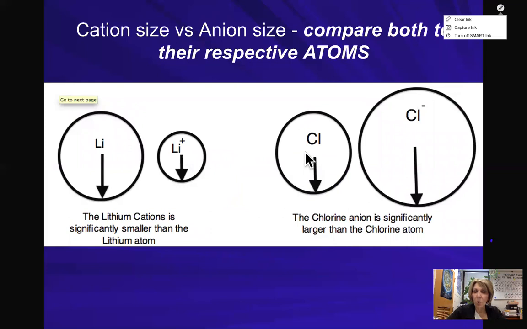So let's look at the chlorine atom. The chlorine atom has 17 protons and 17 electrons. But when chlorine gains an electron, which is very easy to do because look, chlorine is right under fluorine, and I know that fluorine is very electronegative. So what do you think chlorine's going to be?